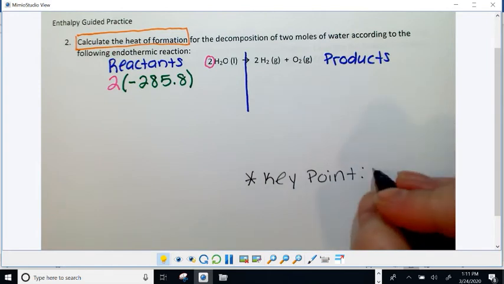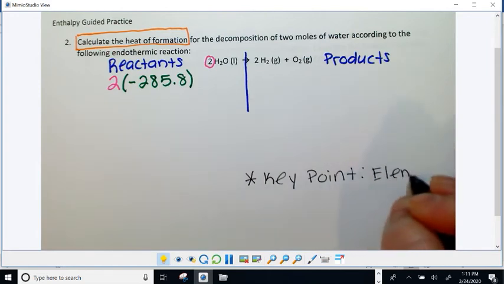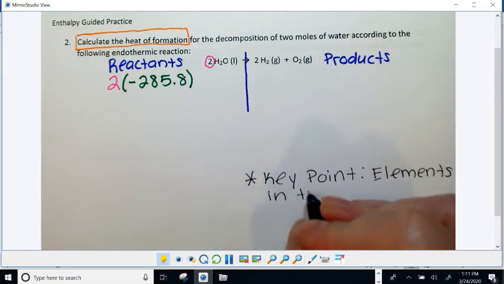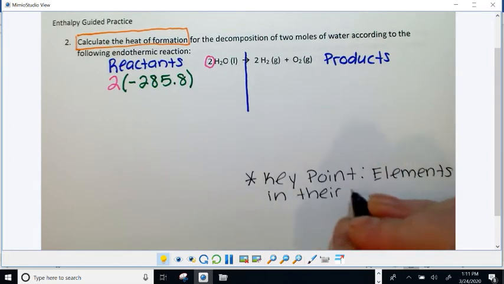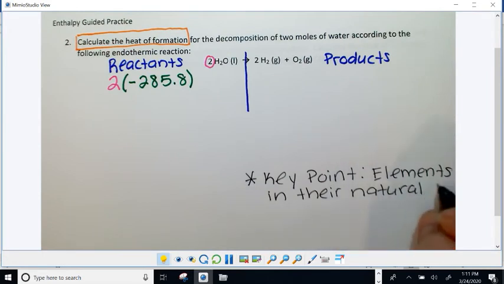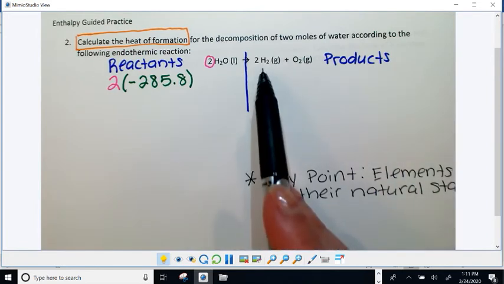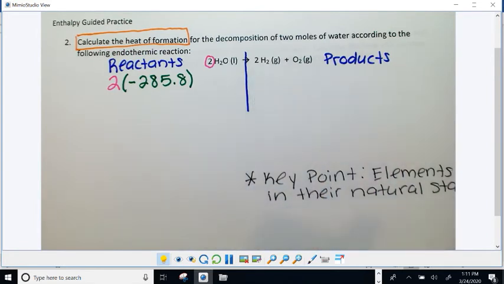So a key point is that elements in their natural state, so just hydrogen, just oxygen, just carbon, any element off the periodic table that is not bound to anything else is in its natural state.